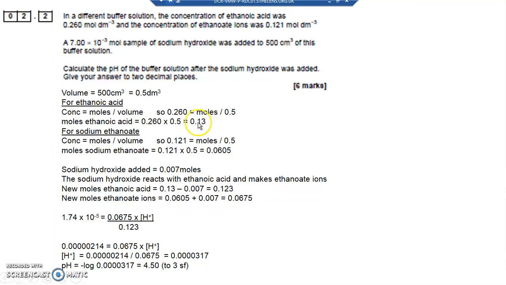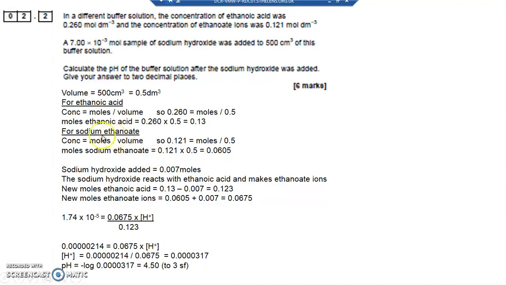So the amount of ethanoic acid that I've got left is what I started with, 0.13, take away 0.007, because the sodium hydroxide is reacting. 1 mole of sodium hydroxide reacts with 1 mole of ethanoic acid, so 0.007 moles of sodium hydroxide will react with 0.007 moles of ethanoic acid. So 0.007 moles of ethanoic acid have been used up. So the amount remaining is what I started with, 0.13, take away 0.007, is 0.123.